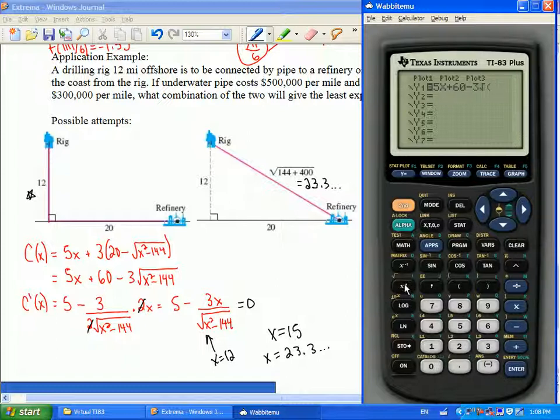And find out where the minimum cost is, because I'm sure our boss would prefer that we do the cheapest rather than the most expensive one. Okay, and now I have the cost. I'll plug them in here. So those aren't even in the domain.